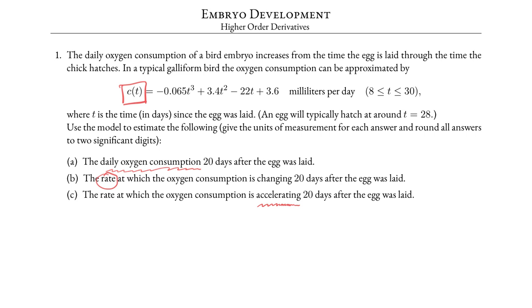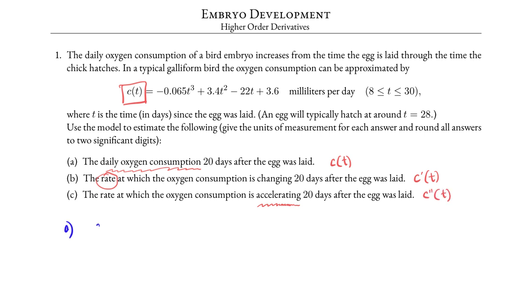So to answer part A, we will need to use C(t), which is given. To answer part B, we will need to find the derivative C'(t). And to answer part C, we will need the second derivative C''(t).